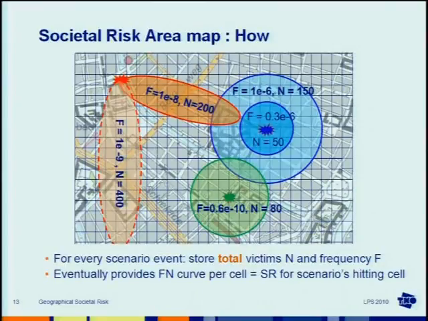So again, for every event, the total number of victims that occurred for the scenario that was hitting the cell are stored. Combined with the frequency, eventually you end up with an FN curve per cell, but this is the total societal risk. This is really the societal risk of the scenarios that are affecting this location.